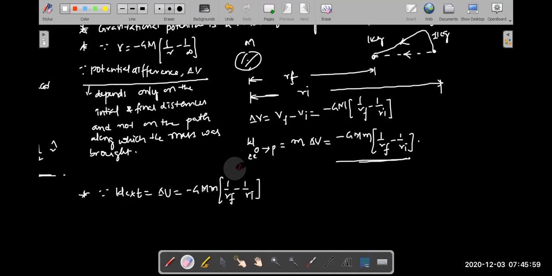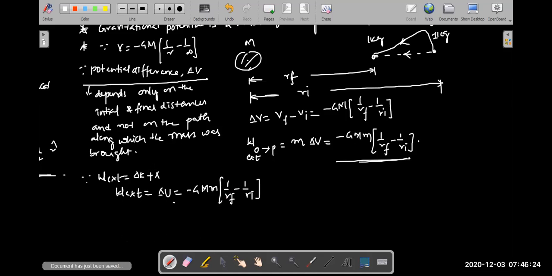Here in the bottom part, W external is equal to the change in energy, since delta K is equal to 0. This is delta U, potential energy. Since work done by external agent is equal to change in kinetic energy plus change in potential energy, but change in kinetic energy in the given case is 0. Clear? So U final minus U initial is equal to this much.